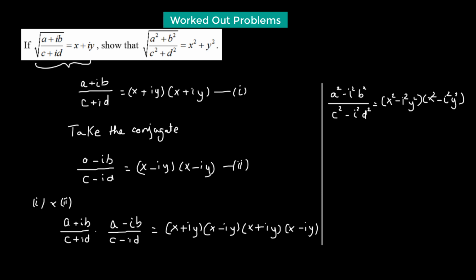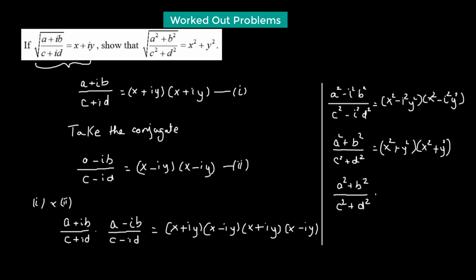So we replace i² by -1. That gives us (a² + b²)/(c² + d²) equals (x² + y²) times (x² + y²). And we have (a² + b²)/(c² + d²) equals (x² + y²) whole squared.